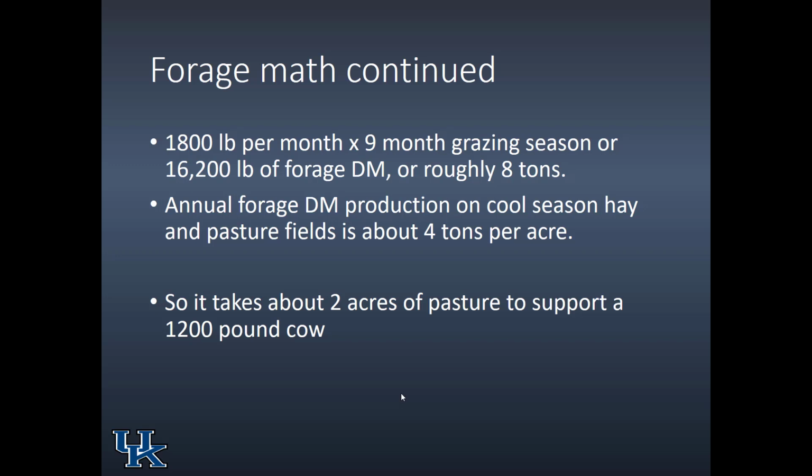Since we know annual forage dry matter production on cool season hay and pasture is about 4 tons per acre, it takes about 2 acres of pasture to support that 1,200-pound cow. So my point is that grazing is all mathematical, based on the size of the animal, how much they're going to eat, and the efficiency with which they are able to harvest the pasture, and that will then tell you a lot about your pasture system.